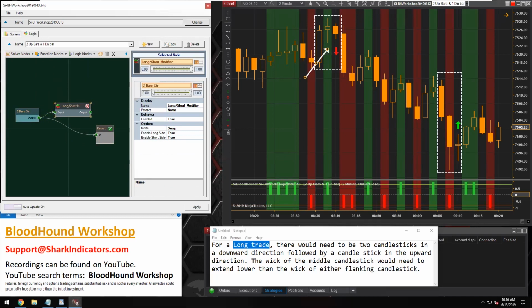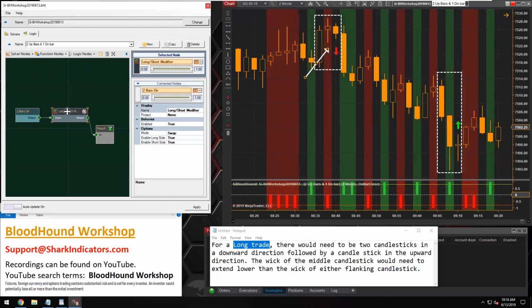And if we connect that in, like so, there. Now we can see these 2 up bars, that long output was now converted to a short output, or red. And we're just using the default mode here of swap.